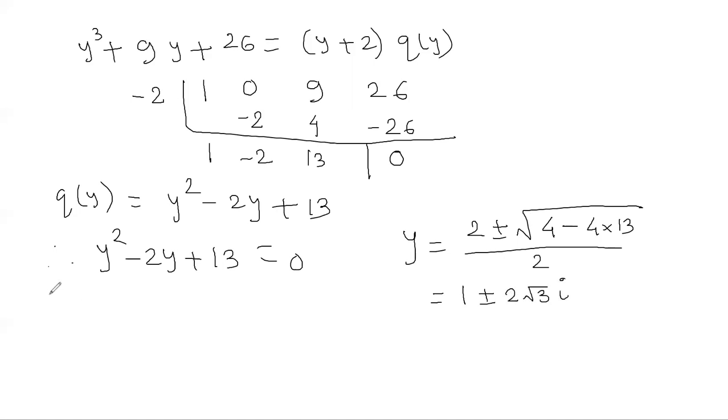Okay, so what are the values of y you are getting? So you are getting y as minus 2, then 1 plus 2 root 3i and 1 minus 2 root 3i.